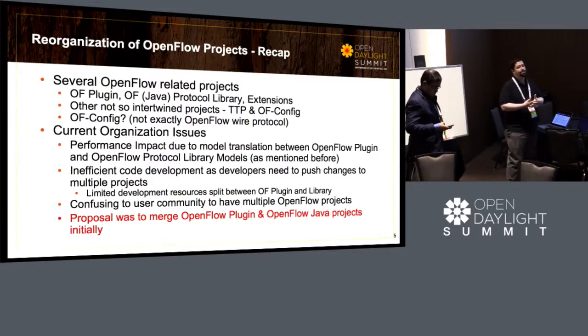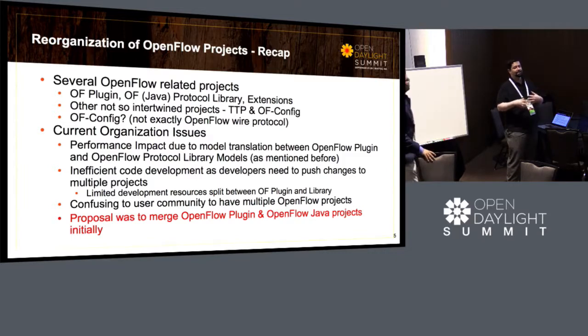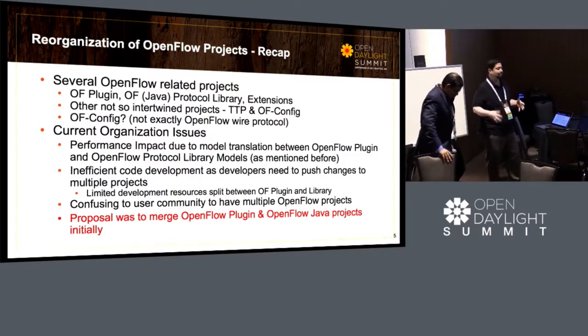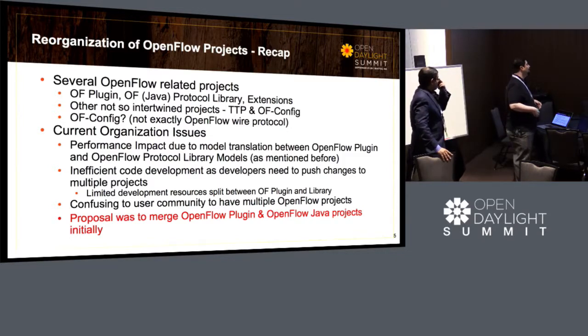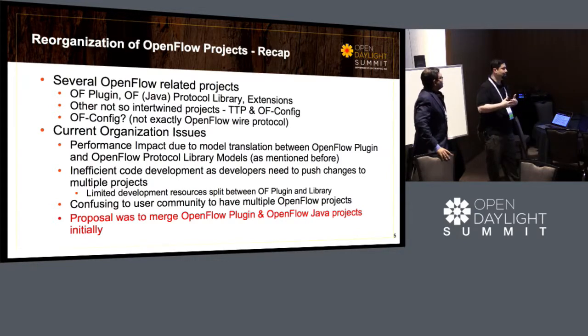So if you have to do an update for OpenFlow 1.5, we would need to push in two different places, which would slow down development. The proposal hence was that we should consider merging, at least to begin with, the two projects, OpenFlow plugin and the OpenFlow Java library.